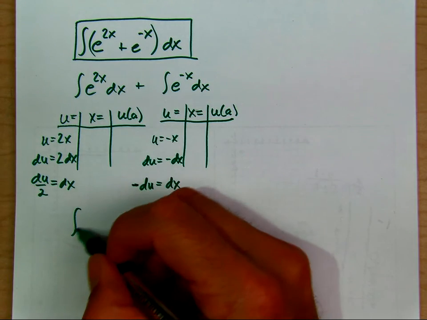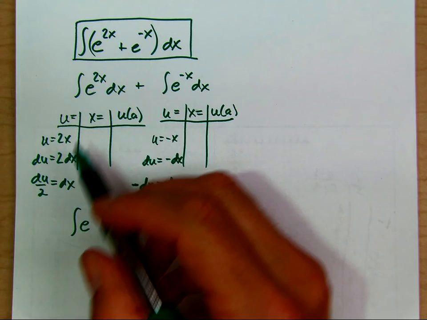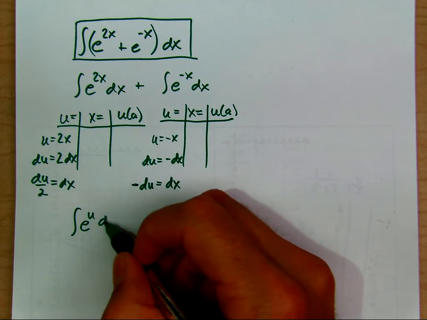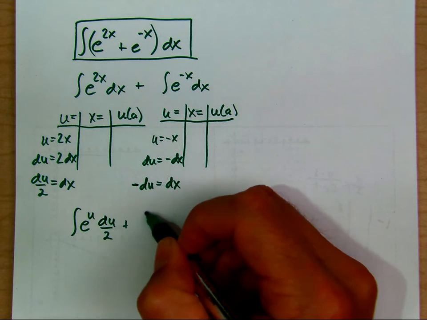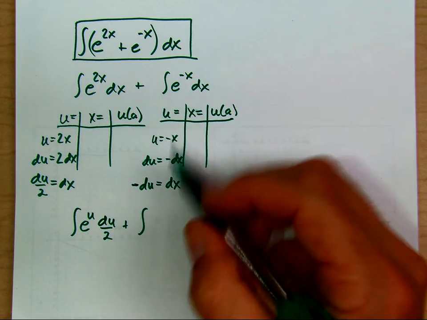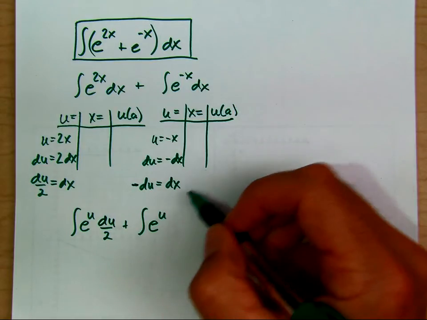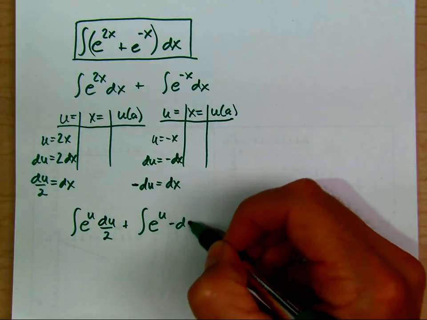So here we have 2x is u, and dx is du over 2. Negative x is u, and dx is negative du.